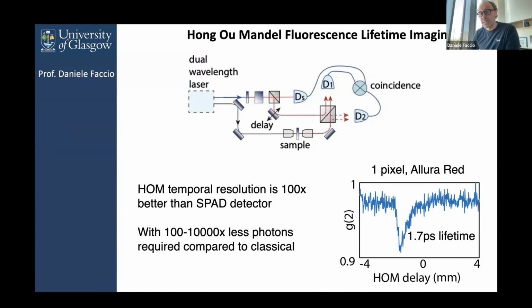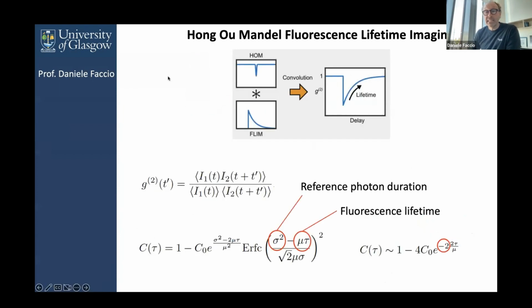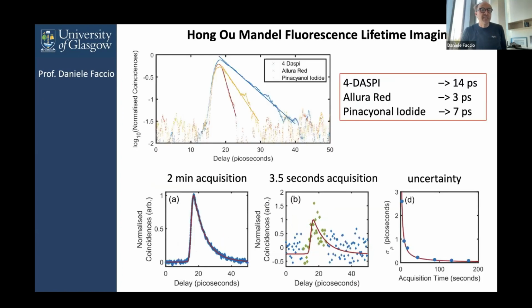And you can also do this in the single photon regime. So this graph is summarizing that concept: the lifetime that you measure is, very hand-wavingly, the convolution between your Hong-Ou-Mandel dip and your actual fluorescence lifetime, and you can get resolutions of order 100 picoseconds. So here are some experimental examples.